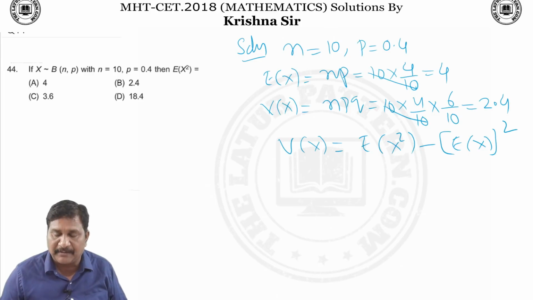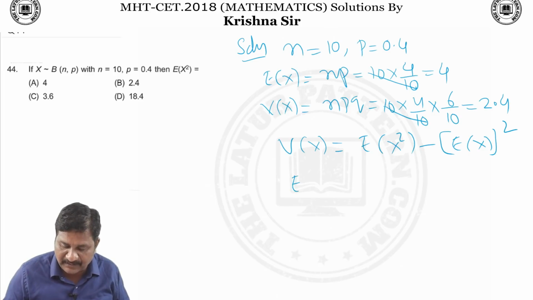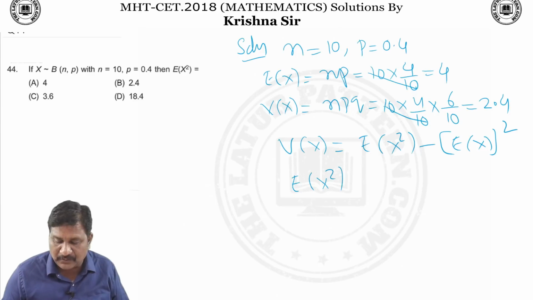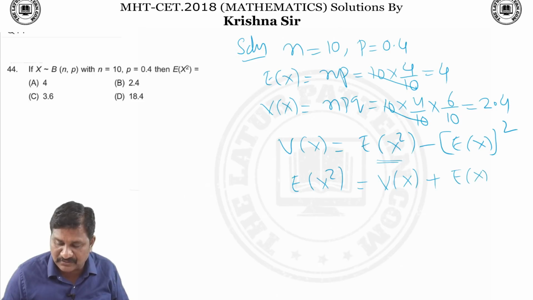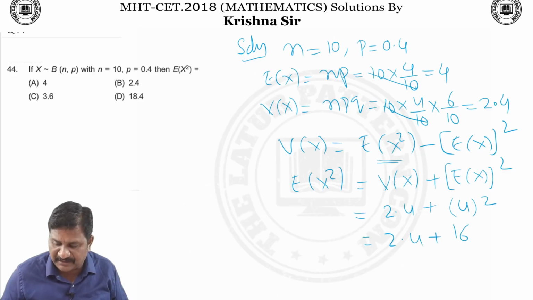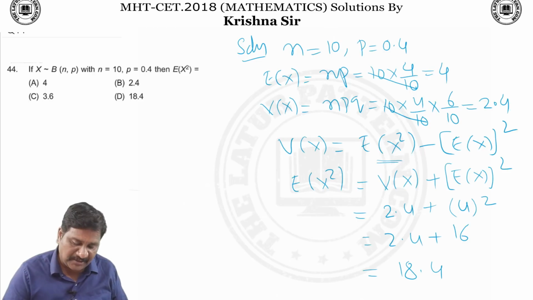We have the formula. From this E of x square we want to find out. So E of x square is equal to variance of x plus E of x whole square, where variance of x is 2.4 and E of x is 4 square. Now 2.4 plus 16 is equal to 18.4. So the option is D.